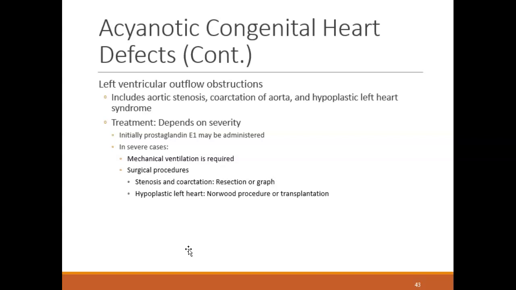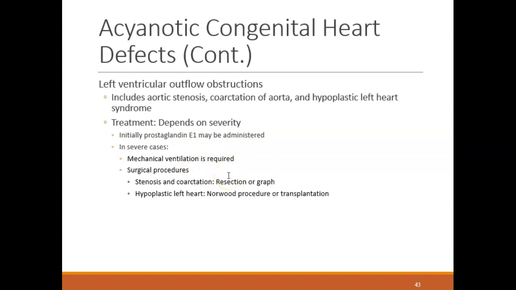All of those are disorders that are going to affect the blood flow out of the heart. Okay. So there are some really good pictures on pages 712 and 713 in your book that help you visualize some of these disorders.